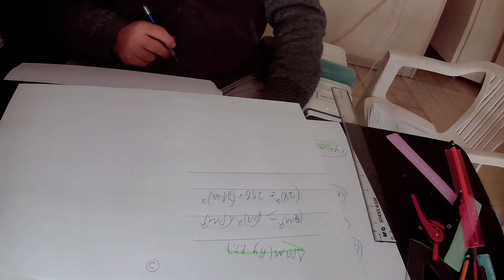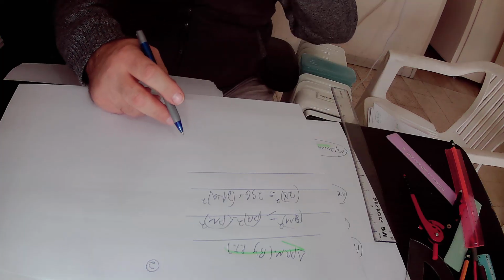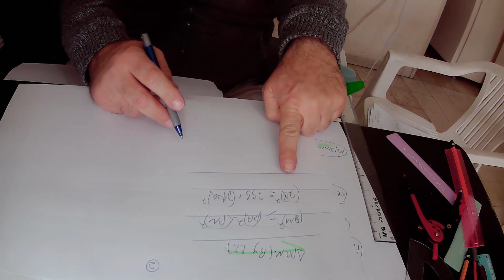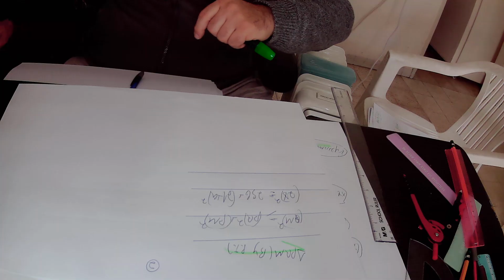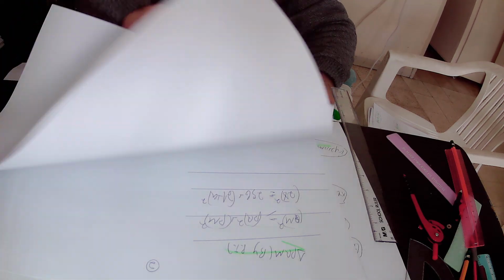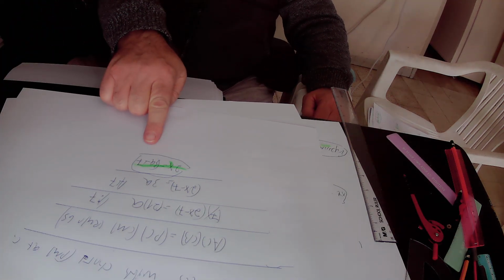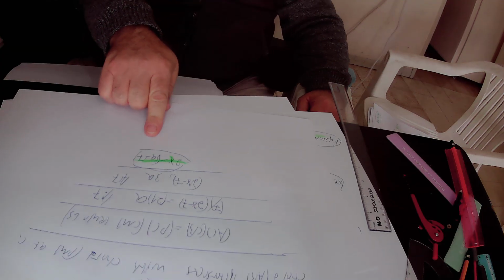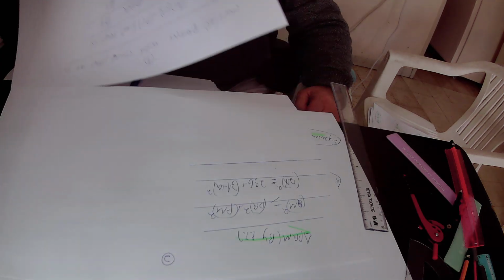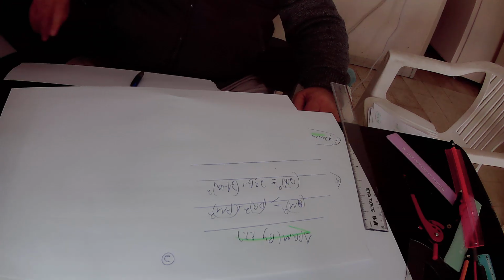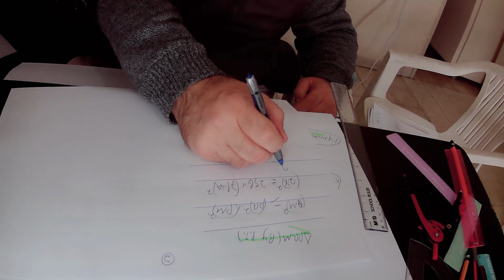Here we open the brackets on both sides, but before that, we found out that 2x equals 3a plus 7.